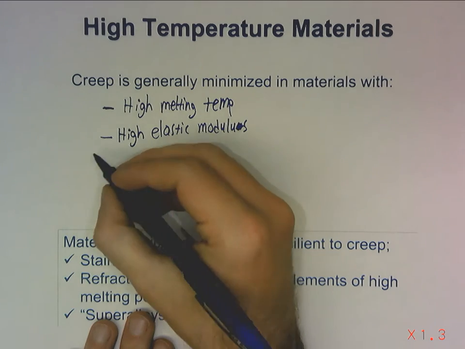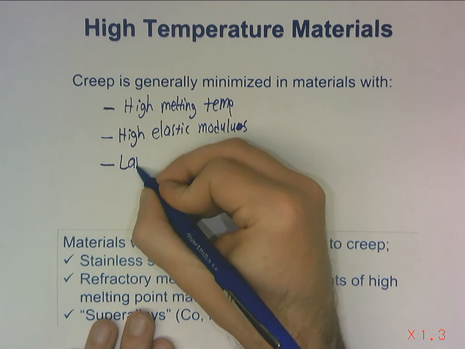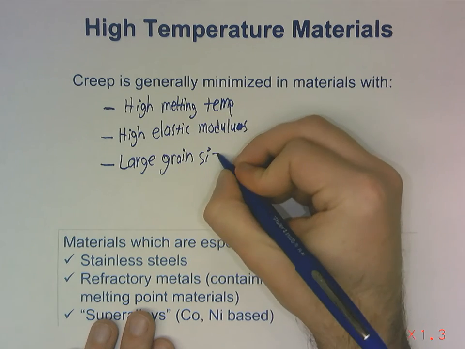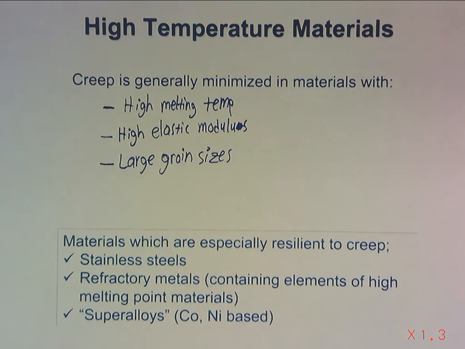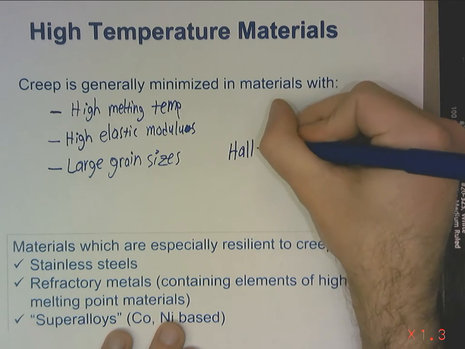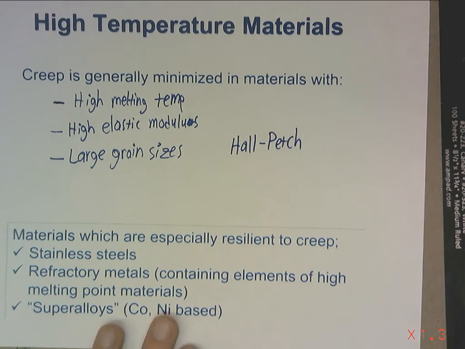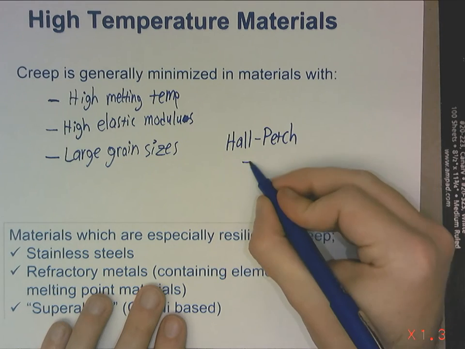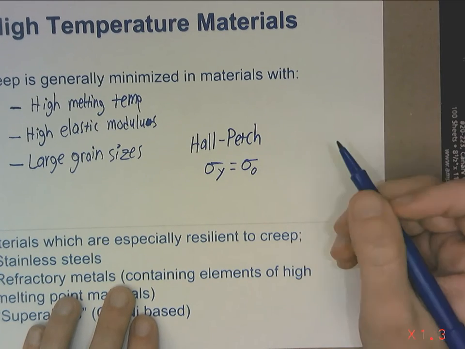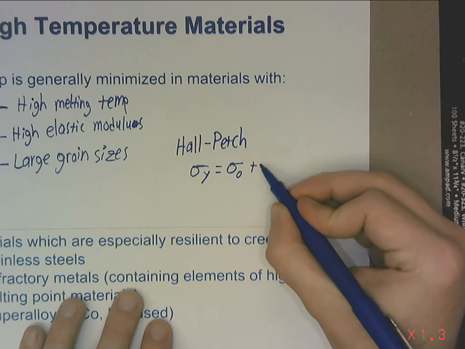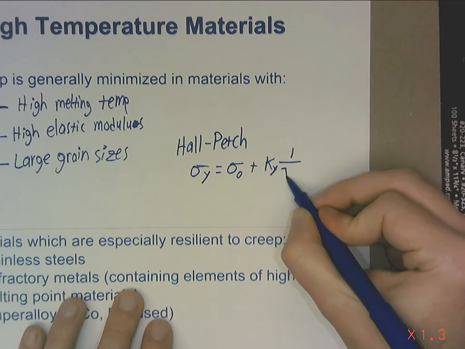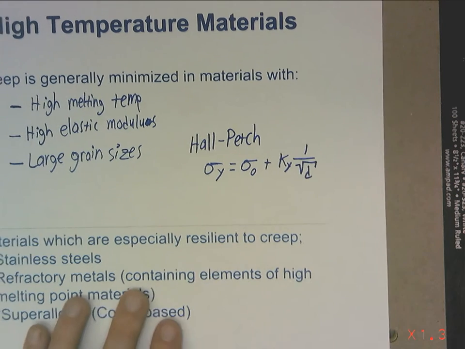And then here's a new thing. Large grain sizes. Okay. Way back when we did the Hall-Petch equation and relationship, you guys remember that? The yield stress is a material constant plus a slope times 1 over square root of the average grain diameter.